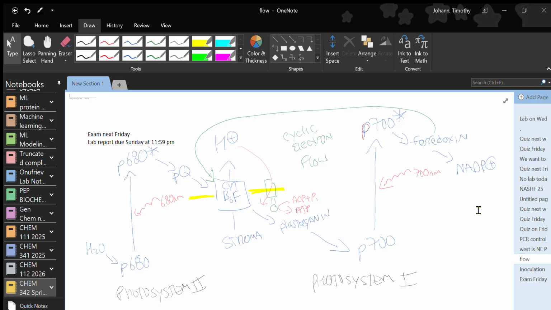Is there a specific situation where you want to go for cyclic electron flow? I'm not going to ask about that, but if you do it, is water oxidized? If you're running cyclic electron flow, do you produce oxygen? No, because you don't need to grab electrons from water. You're just running the same electrons around in a circle here.